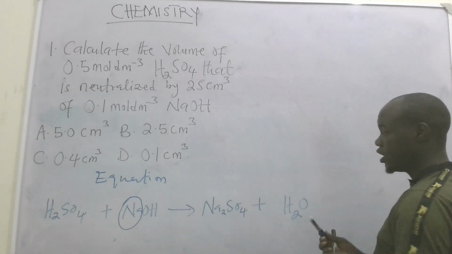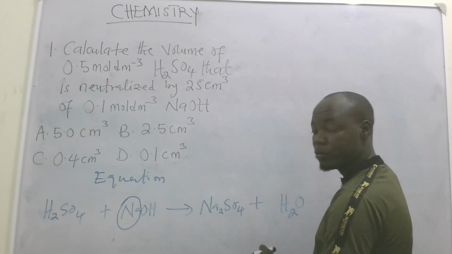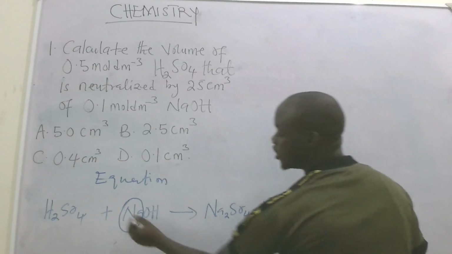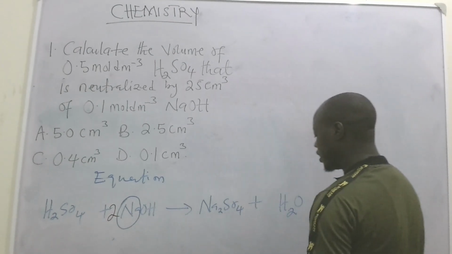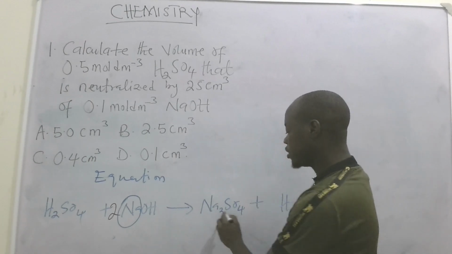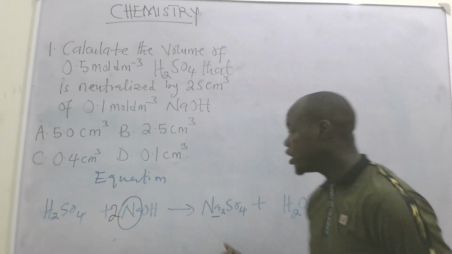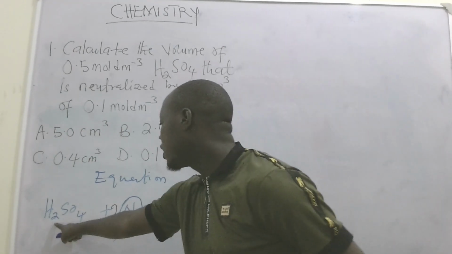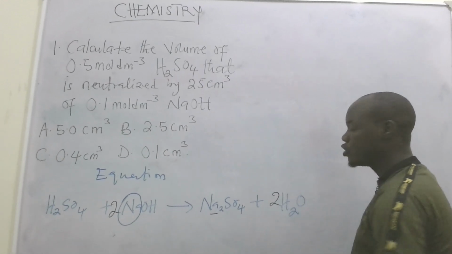In the product we have 2 sodium, and on the reactant side this is 2 hydrogen and this is 2 OH. So to balance the equation of the reaction, we need to add 2 molecules of sodium hydroxide here.